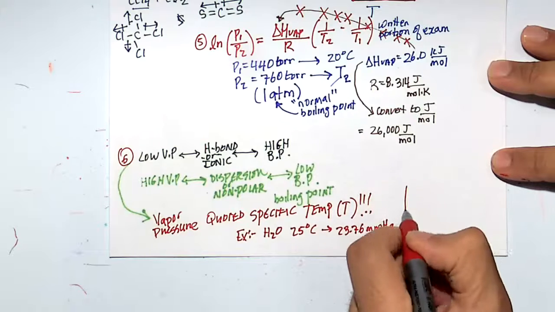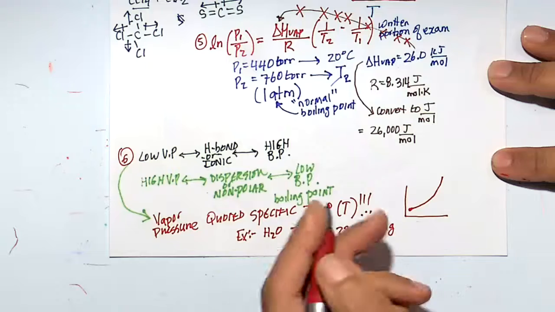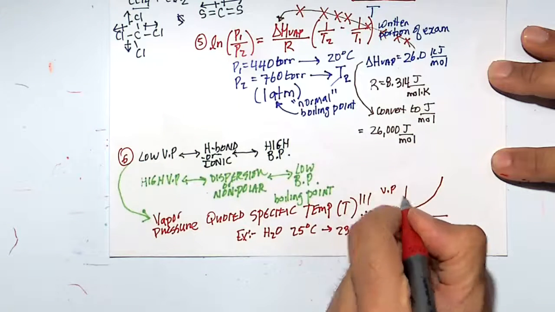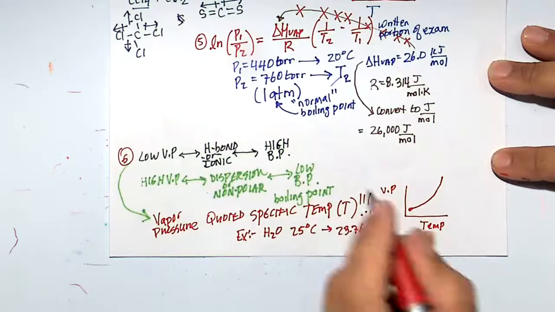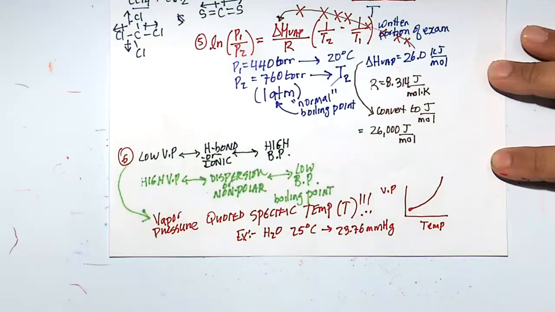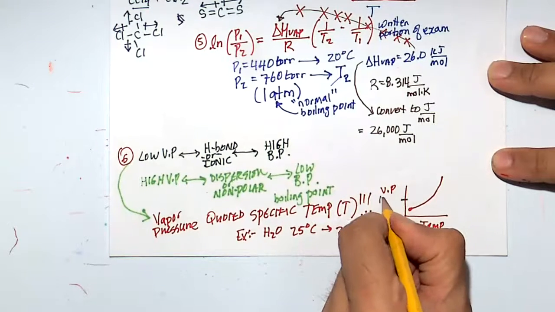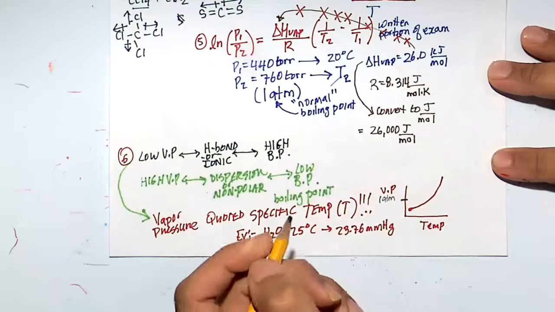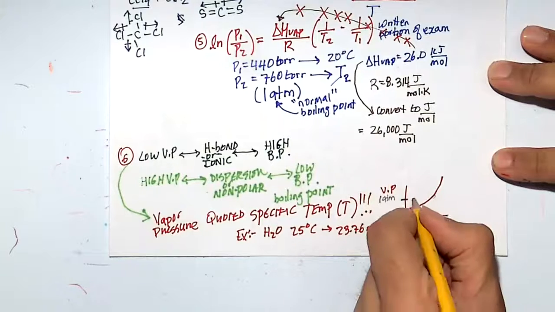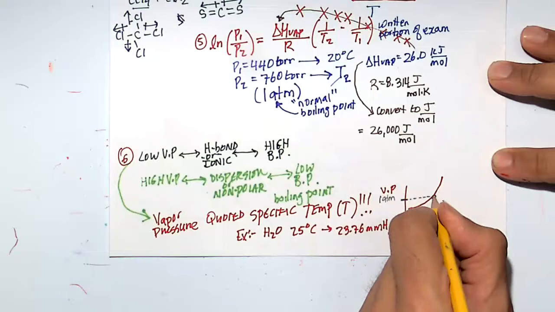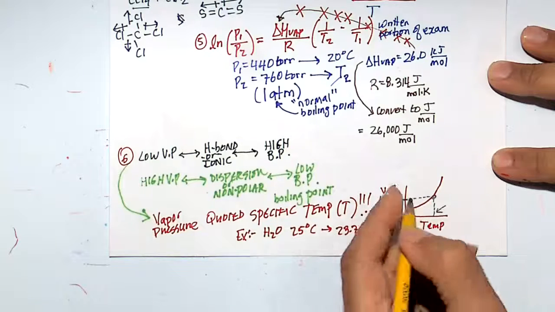In fact, it looks like this. Vapor pressure on the y-axis, temperature on the x-axis. That's the profile. And if we look at the vapor pressure here at 1 atmosphere, this temperature is called the normal boiling point.